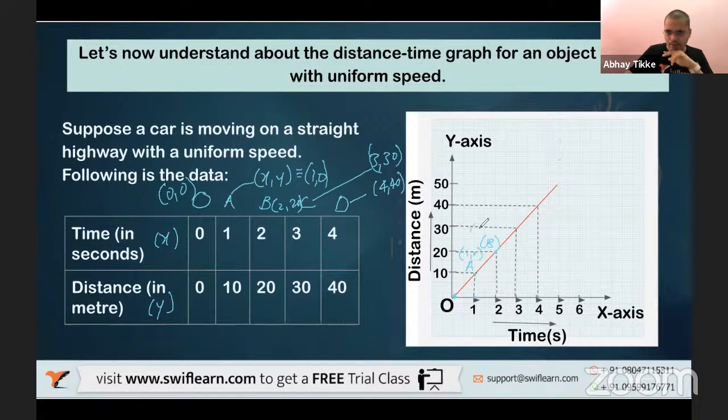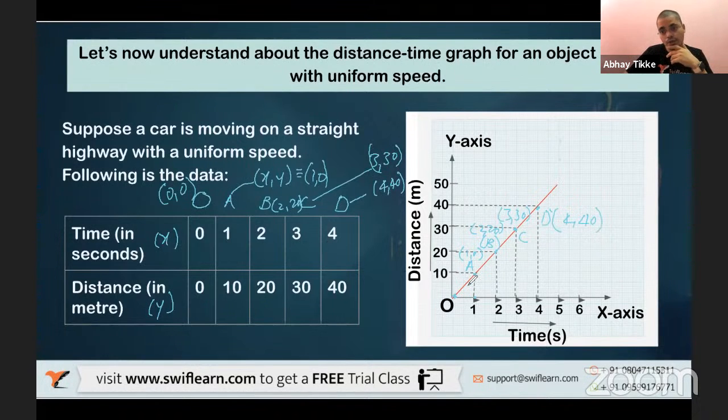B के क्या हो गए? 2, 20. उसी तरह C के क्या हो गए बताओ भाई? Yes, 3, 30. What is this D point? D point के coordinates क्या हो गए? 4, 40. Very good. So then these are your 5 points you got from this table.